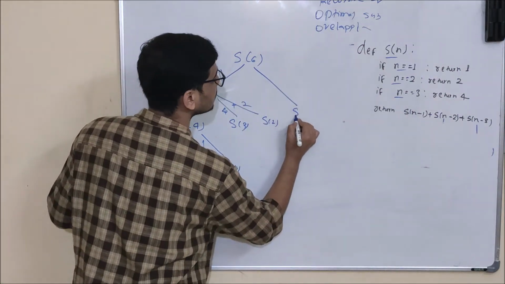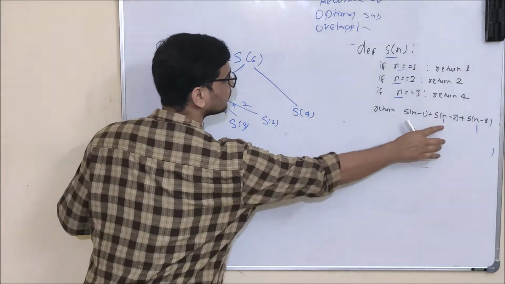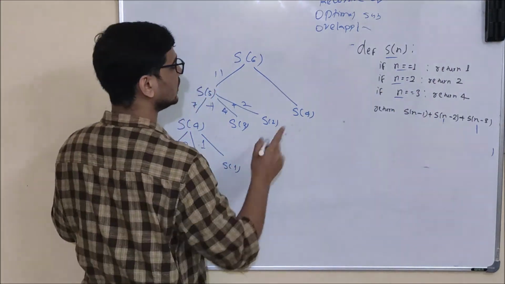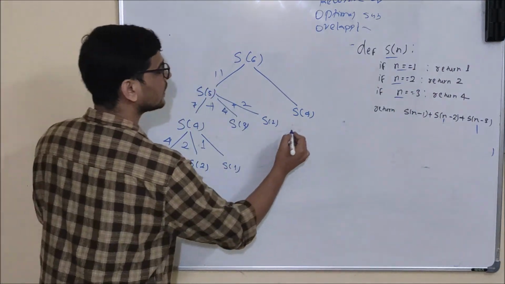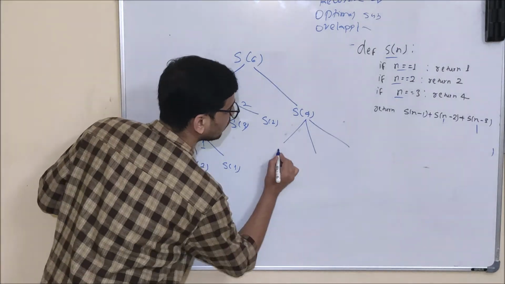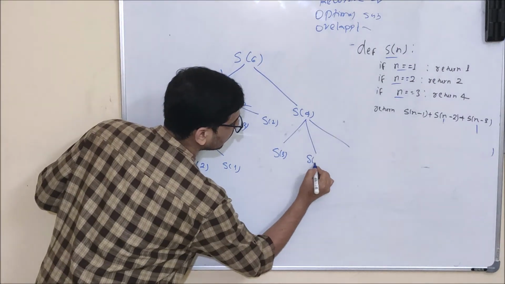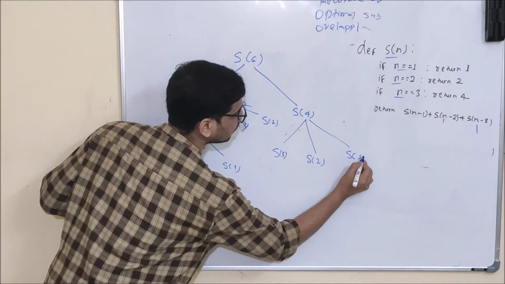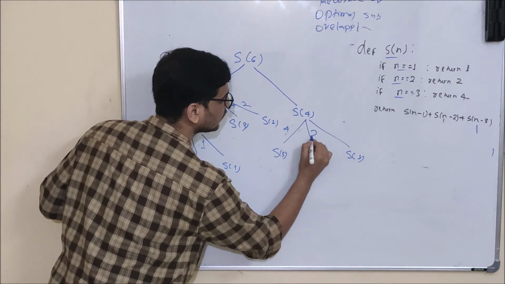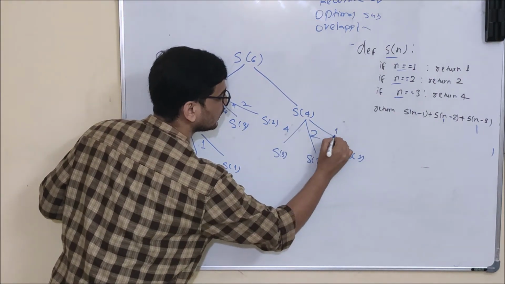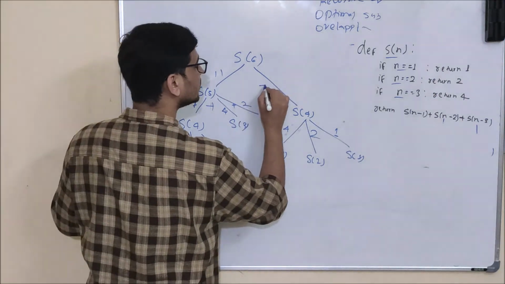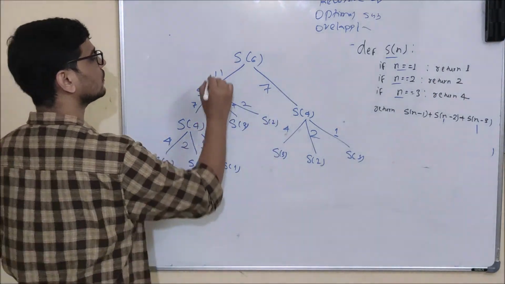Then s of 6 is going to call its second part, that is s of 6 minus 2, that is s of 4. And again s of 4 will call s of 3, s of 2 and s of 1. It will return 4 from here, it will return 2 from here and it will return 1. So eventually s of 4 will return 7 to s of 6.